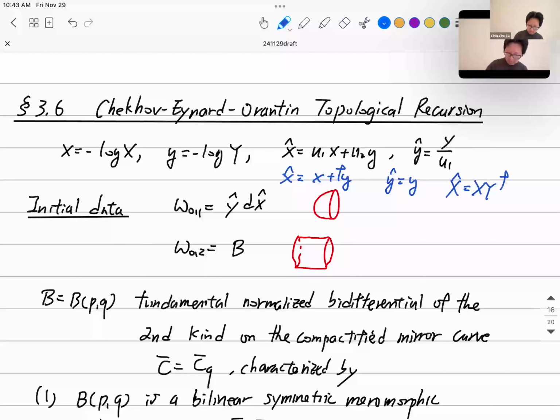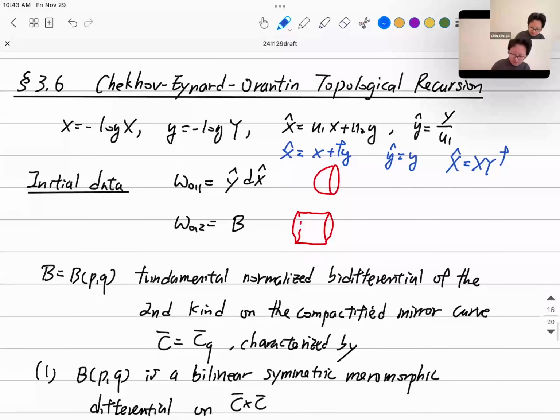So the initial data is a one-form y hat dx. This y hat is multi-valued, but this is fine.